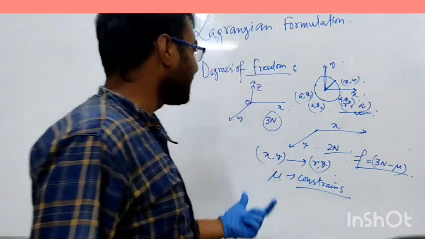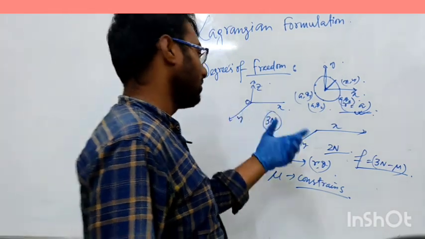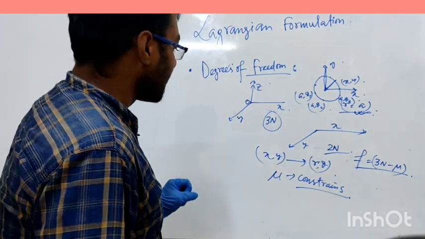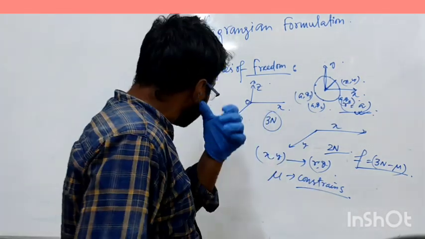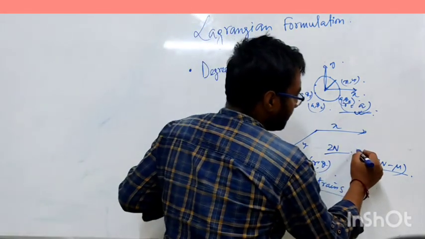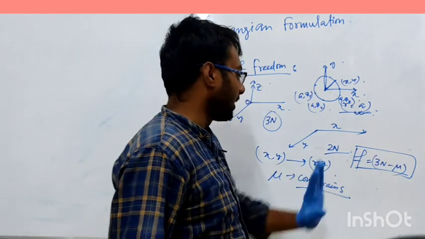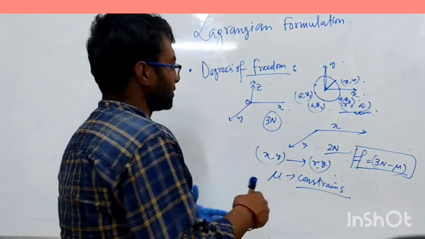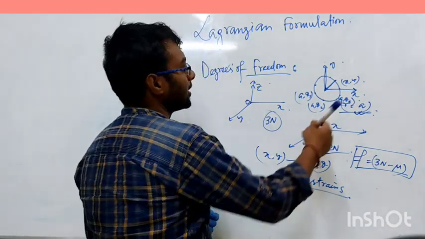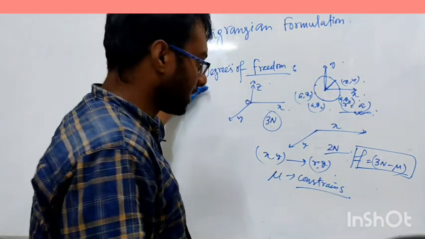Constraints are basically what oppose the motion of a dynamic system or of a dynamic particle. In this way we can reduce the number of independent coordinates required for description of a dynamical system.